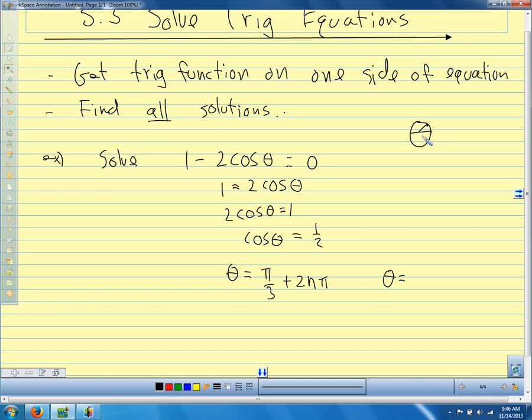So it's 5 pi over 3, down here, and we say plus 2n pi. It would also not be incorrect to call this negative pi over 3. You could say positive pi over 3 and negative pi over 3. That would be fine as well. So this gives us all of our solutions.